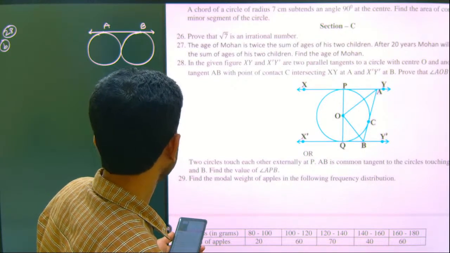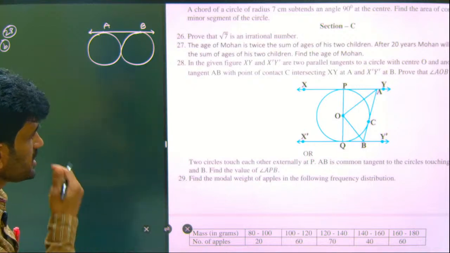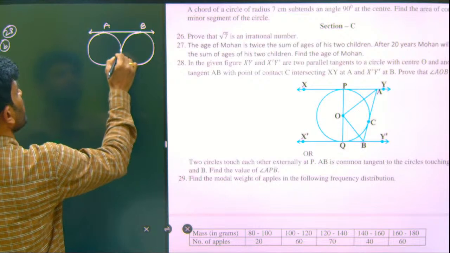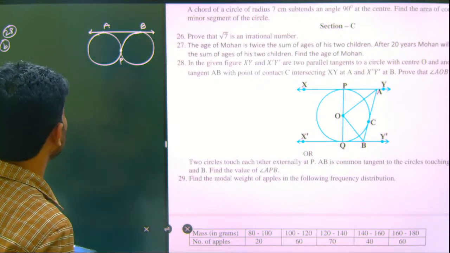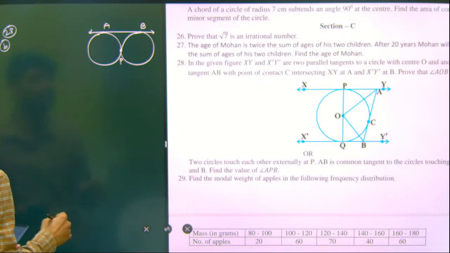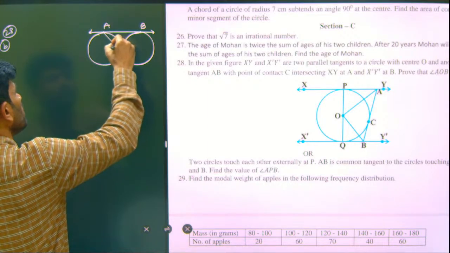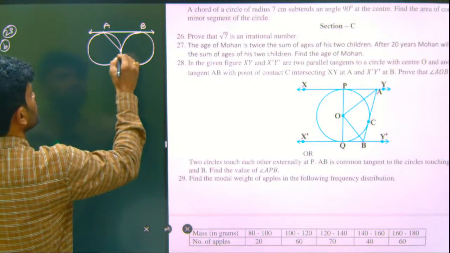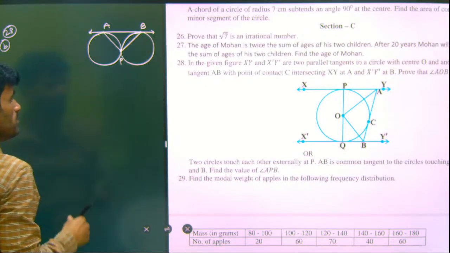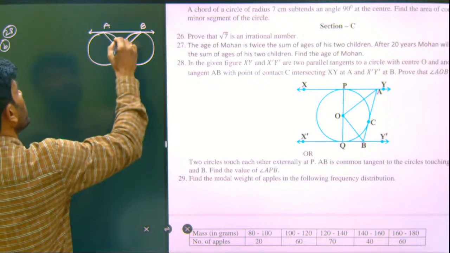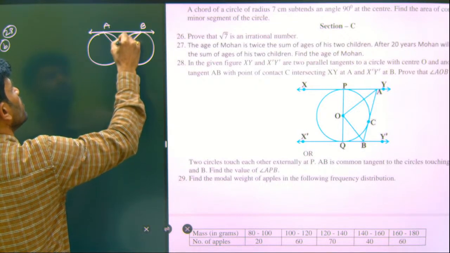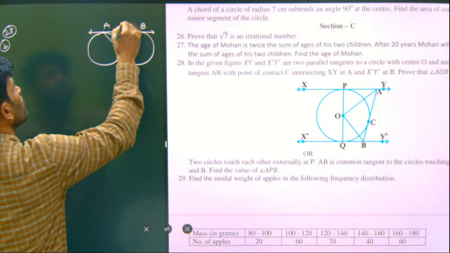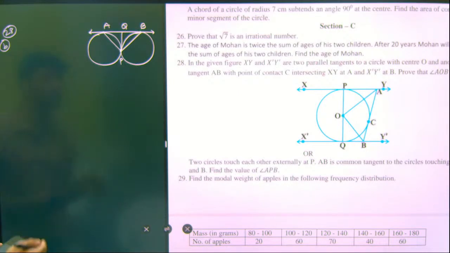Then it is also said that the two circles touch each other at external point P. So two circles are touching at P. This point is P. Now we have to find out angle APB. To find out angle APB, you join AP and PB also. Join AP and PB and draw a line here through P to AB and take it as Q. Hope you understood what I did here.